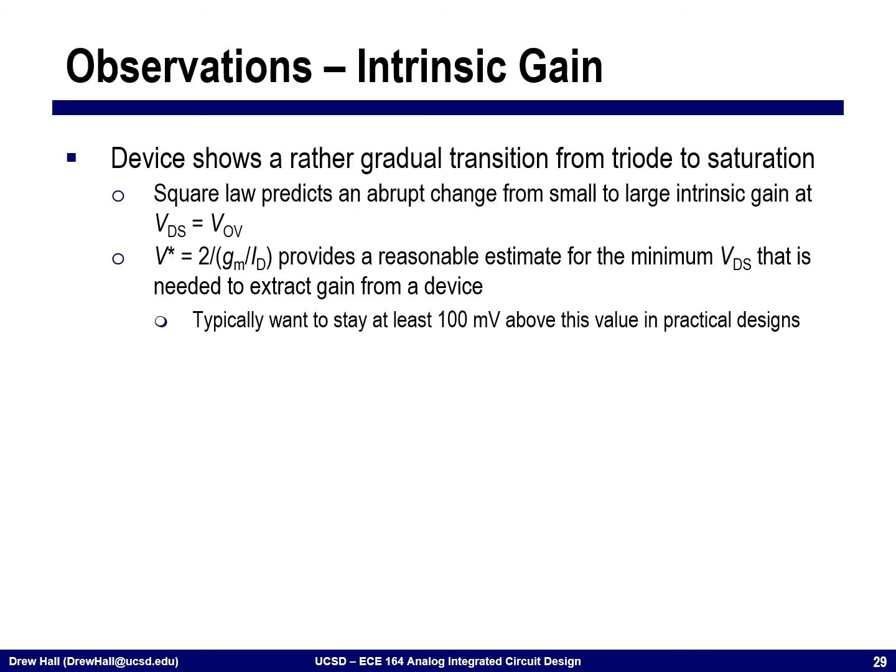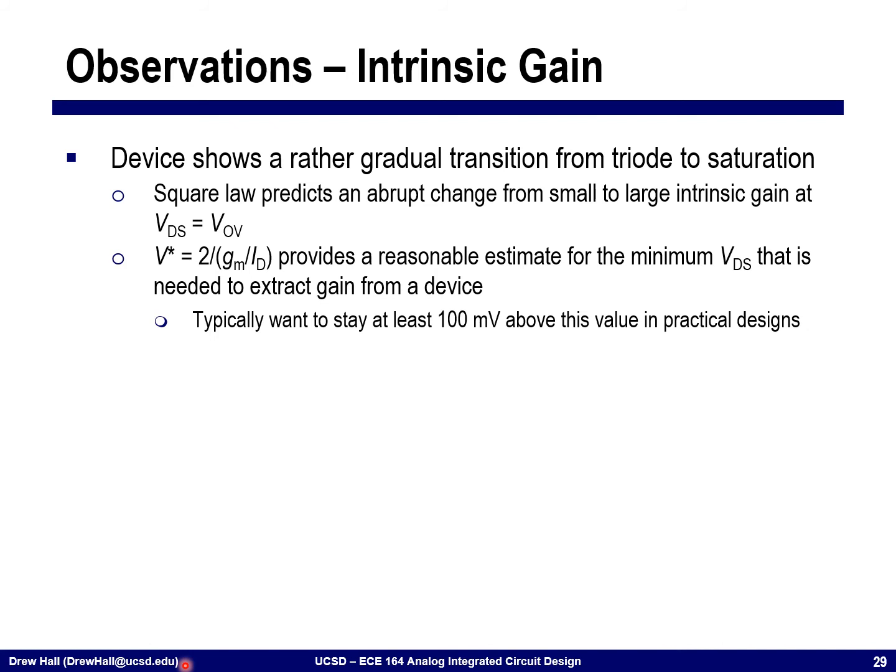So a couple of observations that we can take away from this intrinsic gain plot. One, the device shows a rather gradual transition from triode to saturation. The square law predicts a very abrupt change when we go to saturation, and so we get this very large intrinsic gain change. And V star is a reasonable way to estimate the minimum VDS that we actually need to extract gain from this device.